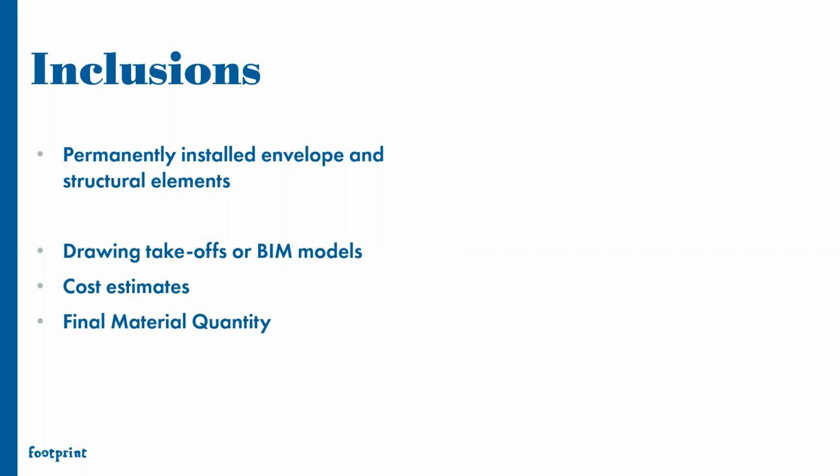Interiors is something where the information has been challenging to get, and at this point the manufacturers, and the industry as well, are really increasing what is available right now. So we're starting to see more and more data about interior products, interior finishes, and even going into very specific products. But for most LCAs, we would be looking at a permanently installed envelope and the structural details that come from that.